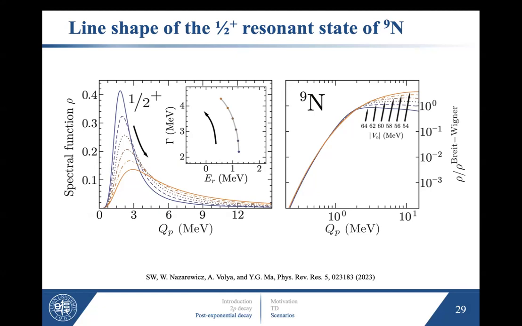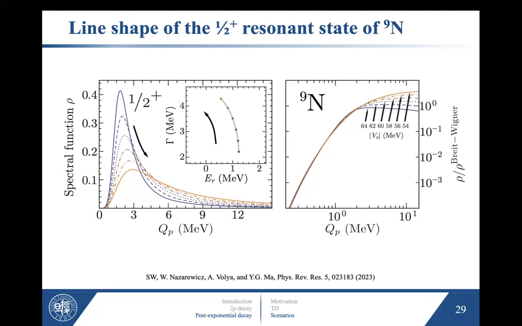We found that in the low energy region close to the threshold, there is a large discrepancy between the calculated spectral function and the Breit-Wigner shape, because the calculated one is much lower. When the decay energy increases, the line shape is restored to the Breit-Wigner shape.